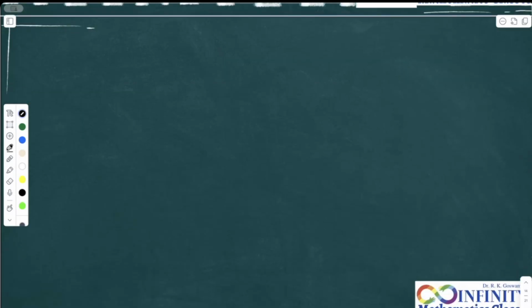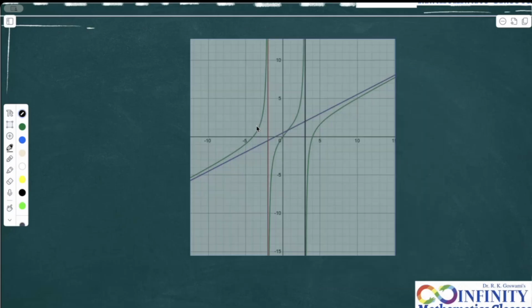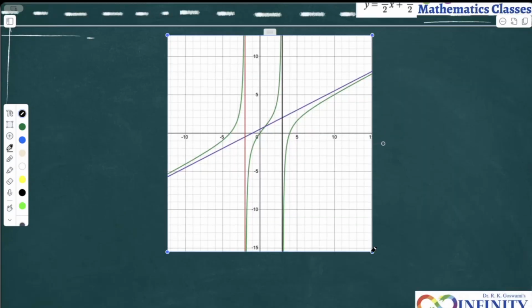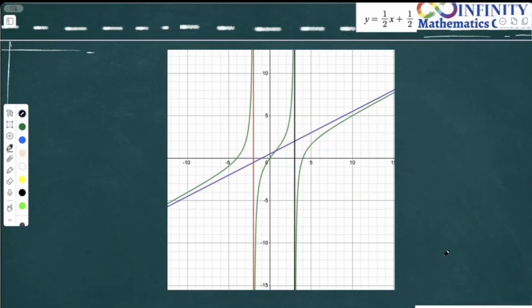So this is the graph using Desmos. You can easily observe this is an asymptote for you. This is again an asymptote, and this is also an asymptote. Other than that, whatever is left is going to be the part of the graph. Okay, so this is one such problem. Let me just go to the next question.